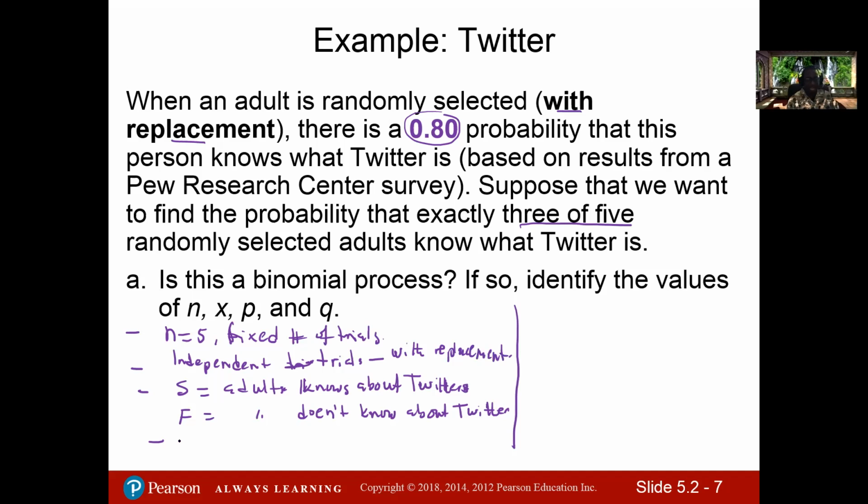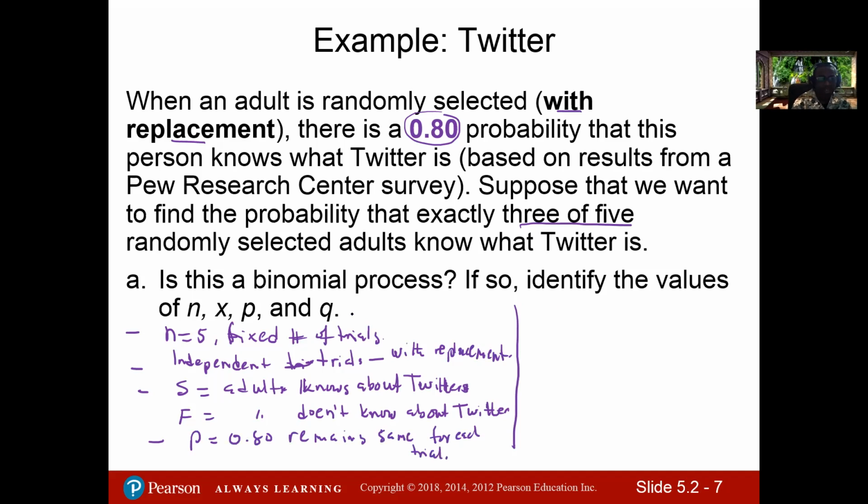And then the last is that the probability of success remains the same. So the probability of success, which is p, is 0.80, and it remains the same for each trial.